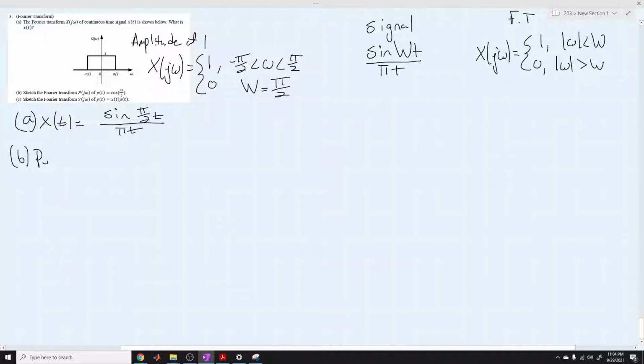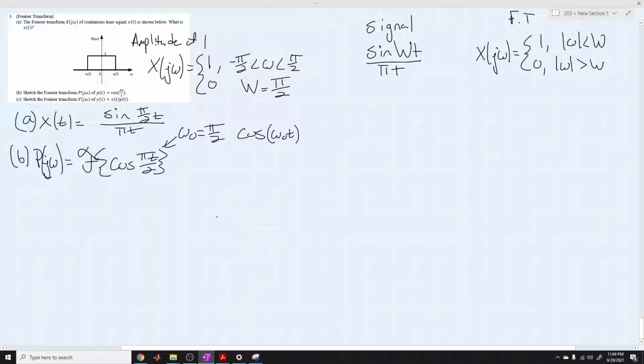So P of j omega is equal to the Fourier transform of cosine of pi t over 2. Cosine of pi t over 2 has an omega naught equal to pi over 2. So we could just write cosine of omega naught t.